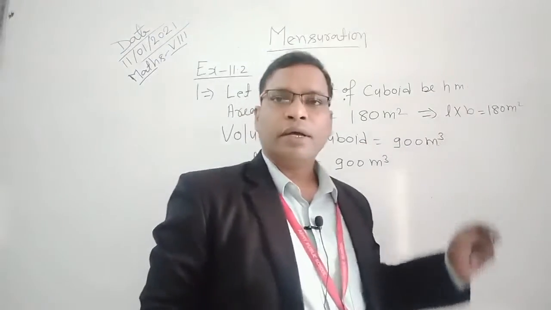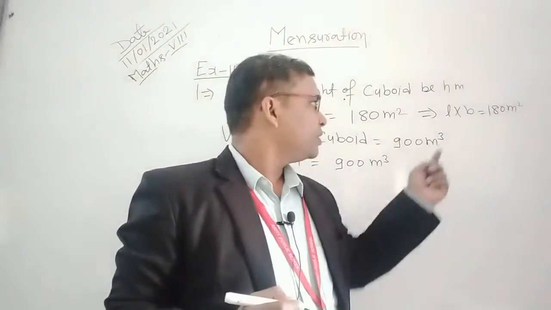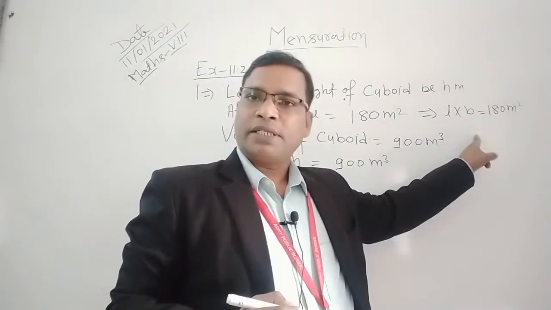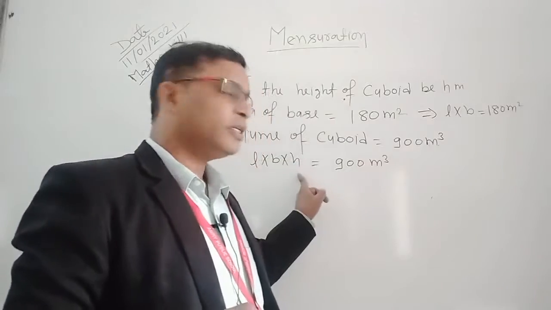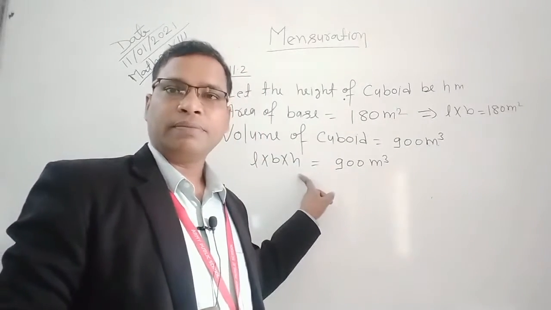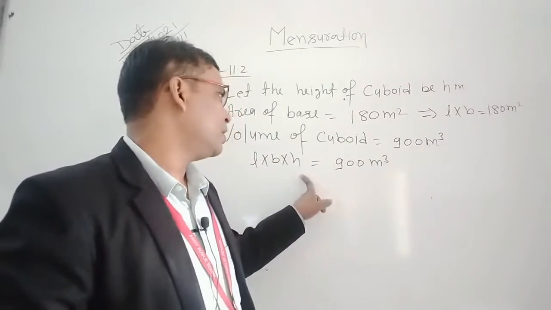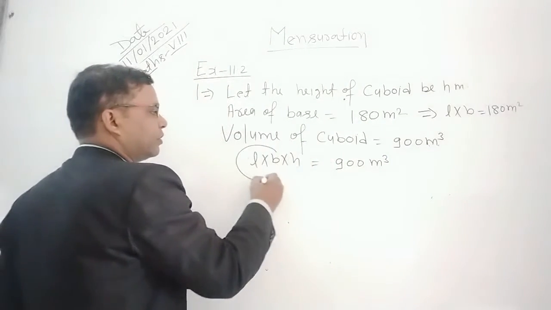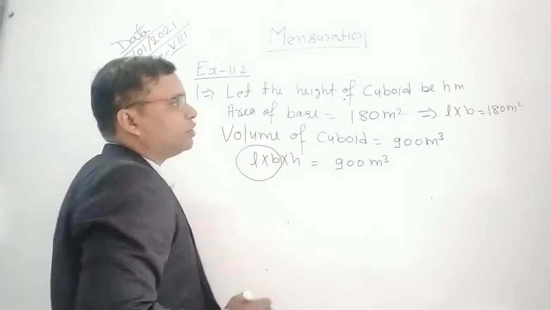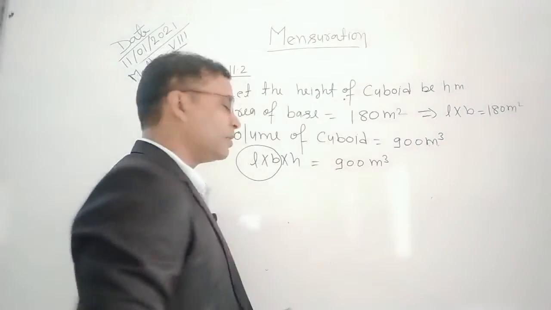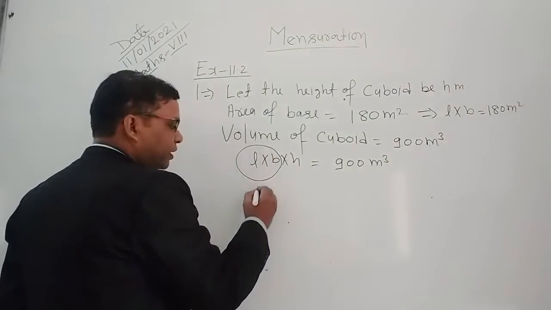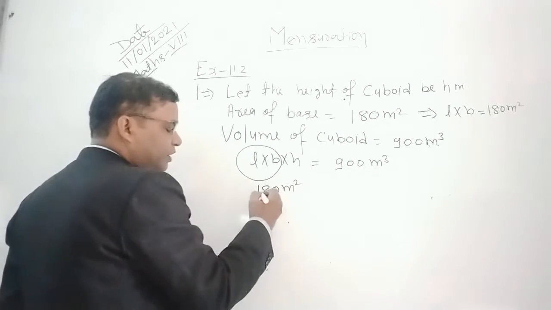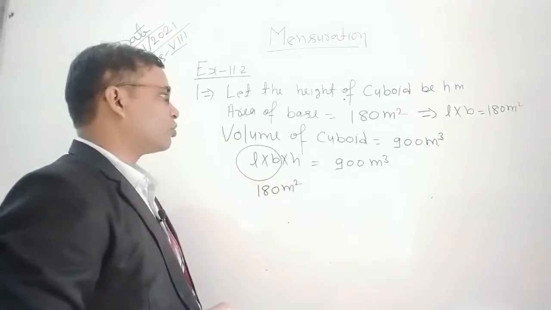So we put the value of L into B. L represents length of the cuboid, B represents breadth of the cuboid, and H represents height of the cuboid. This is clear. So we replace L into B with 180 meter square, because this is the base area of the cuboid.